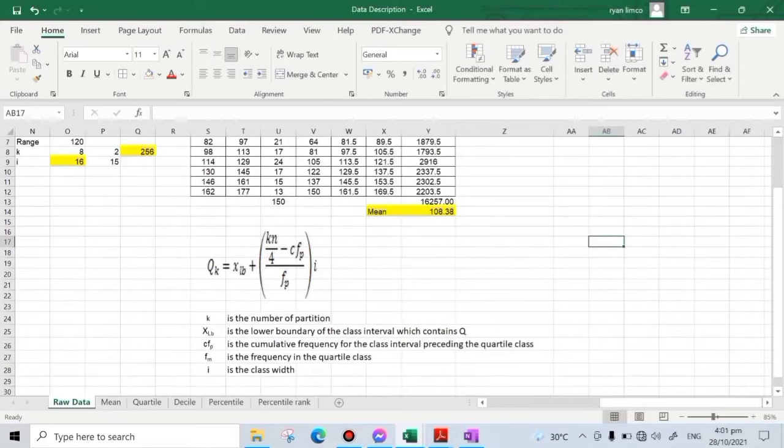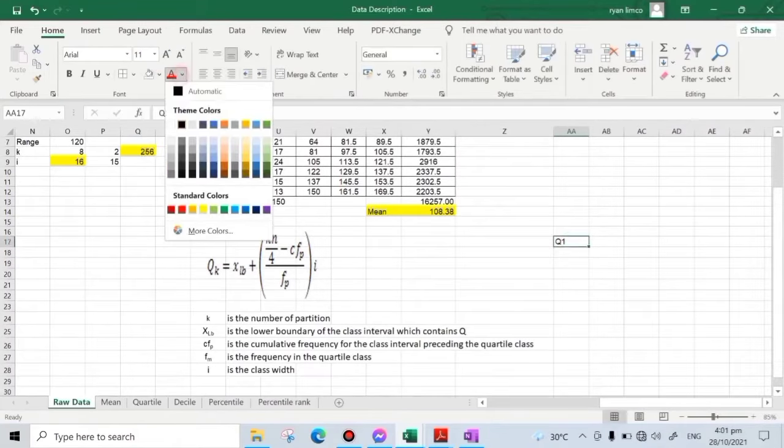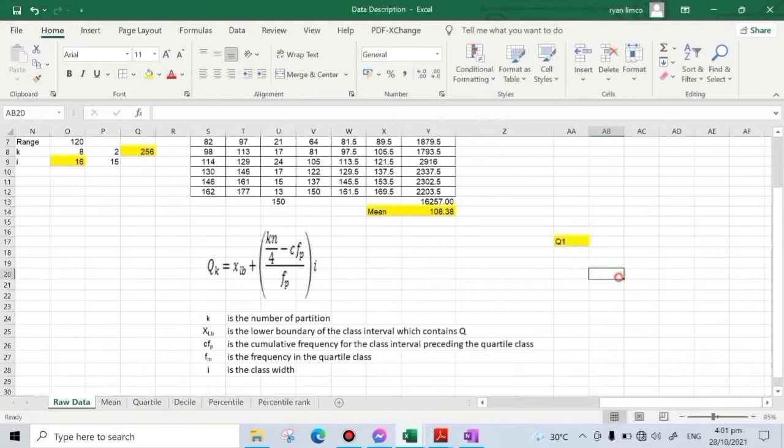So let us compute for the first quartile. So for the first quartile, we have some mga information na kakailanganin natin. You have the N, you have the K, you have the Kn over 4, we have these values here, and these values here.